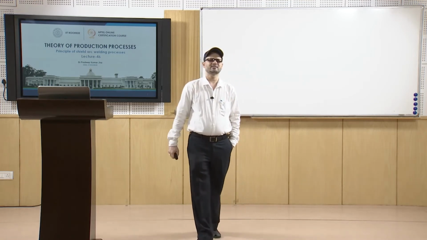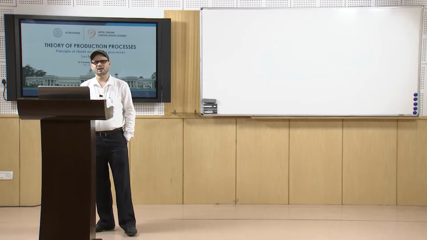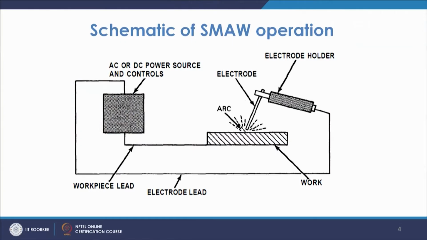So, what is there in the case of this shielded metal arc welding? If you look at the schematic, you have an AC or DC power source, and this is the electrode which is connected to the electrode holder, and this is the work on which the welding is to be carried out.